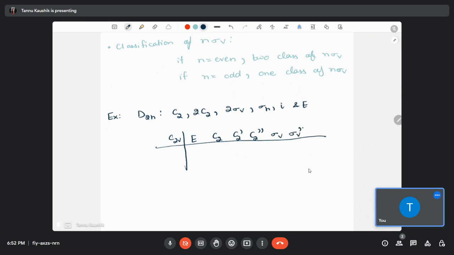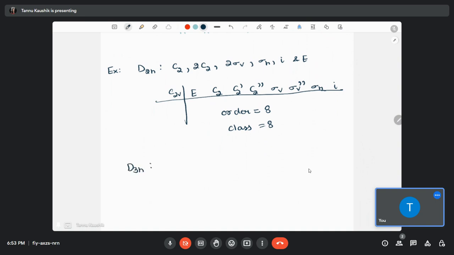Similarly, for vertical planes, we will have different classes, and sigma h and i, as we know, always have different classes. So the order here is 1, 2, 3, 4, 5, 6, 7, 8. Order is 8 and class is also 8. Okay.